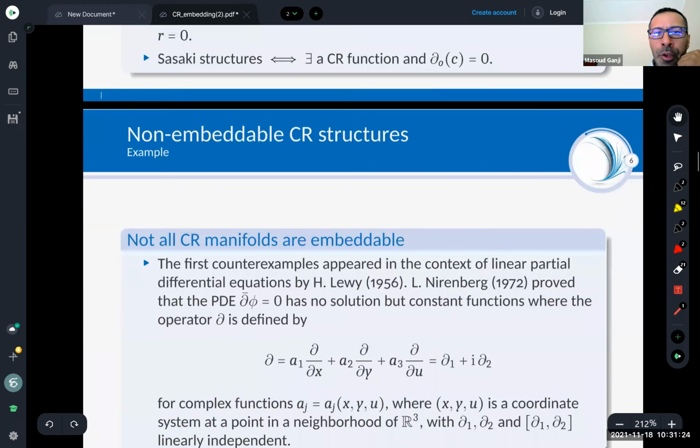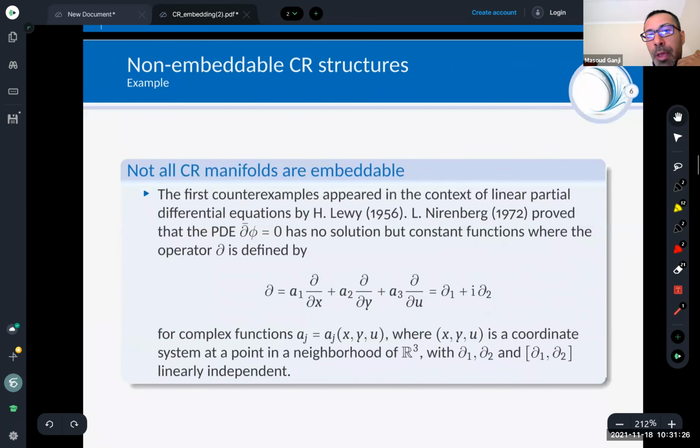So not all CR manifolds are embeddable. The first counterexample appeared in Hans Lewy's work in 1956. And Nirenberg proved that this equation has no solution when D is this operator.